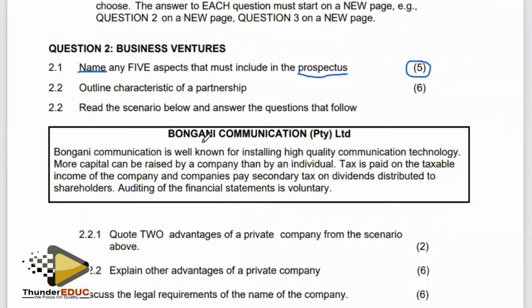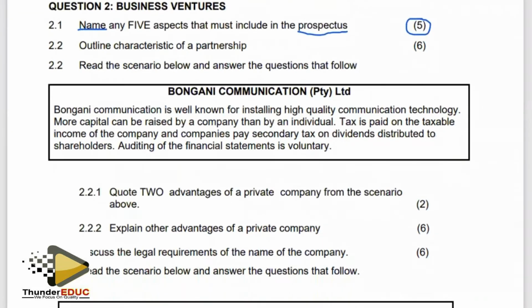Okay. Let's look at the scenario here. We are supposed to read the scenario in question 2.2, which says to read the scenario below and answer the questions that follow.